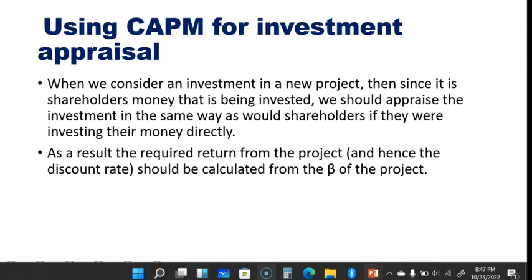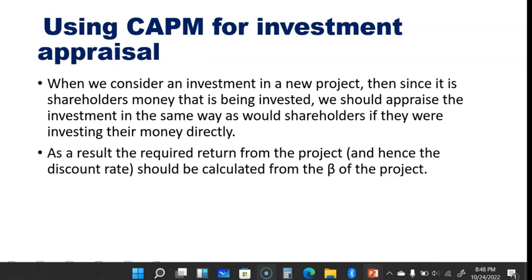When we consider an investment in a new project, since it is shareholders' money that is being invested, we should appraise the investment in the same way as shareholders would if they were investing their money directly. As a result, the required return from the project and hence the discount rate should be calculated from the beta of the project. This simply means that we need to determine the beta specific to the project we want to venture into.